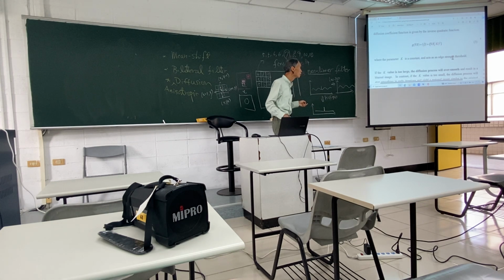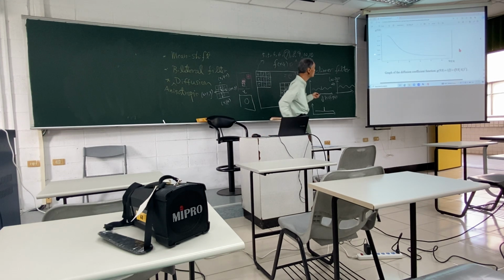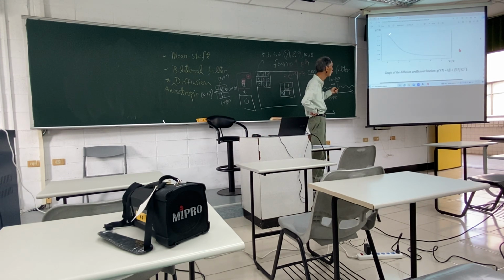So the g function is a monotonic decreasing function. If delta I, which is the gradient, is very large, then the corresponding g will be equal to 0.